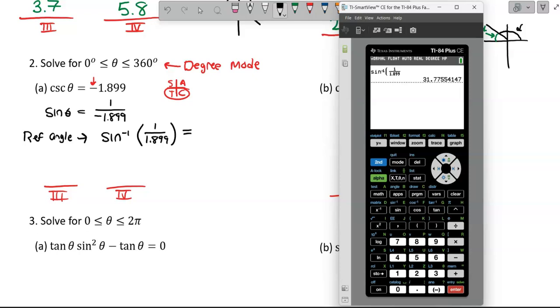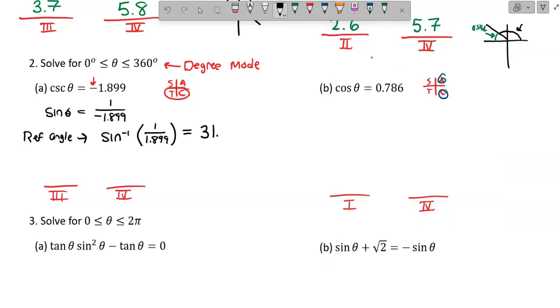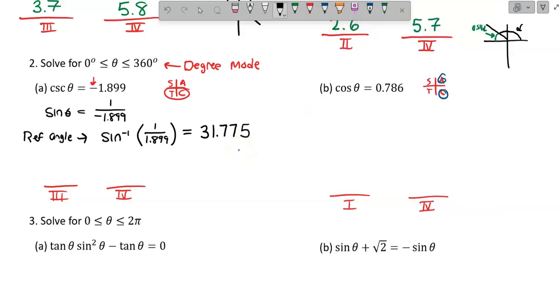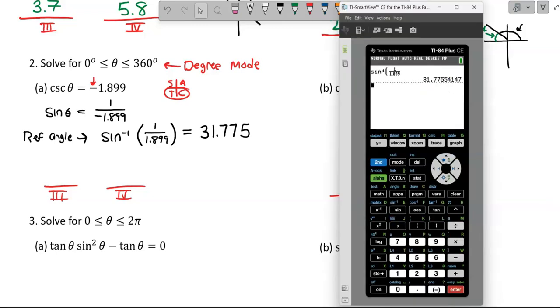You could still write 3 if you want. So 31.775, just to be consistent. So in quadrant 3, that's always going to be 180 plus the reference angle. So my quadrant 3 answer is 211.8 degrees.